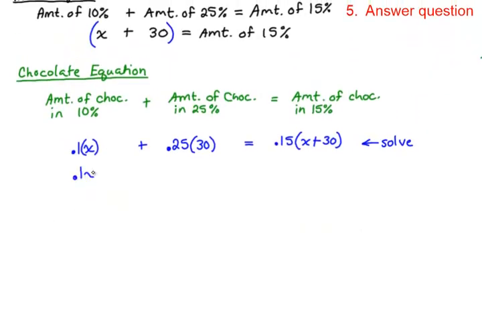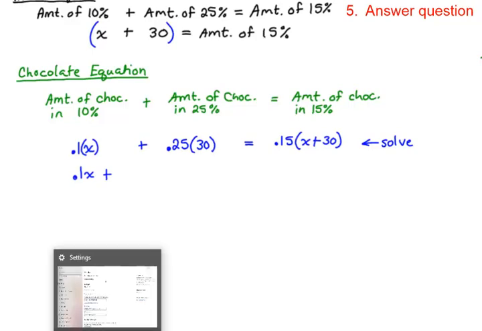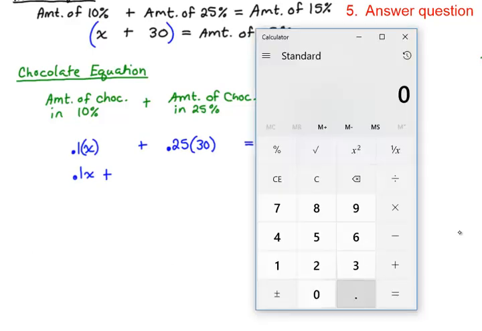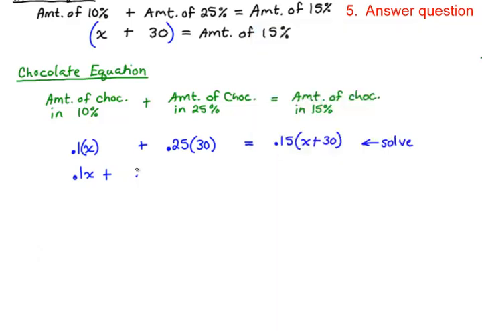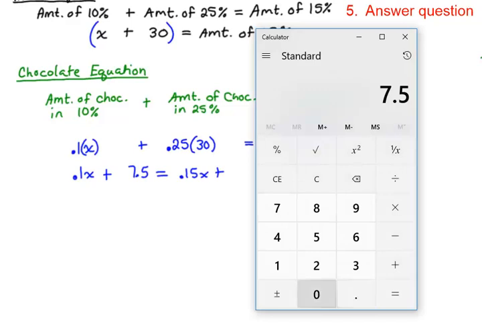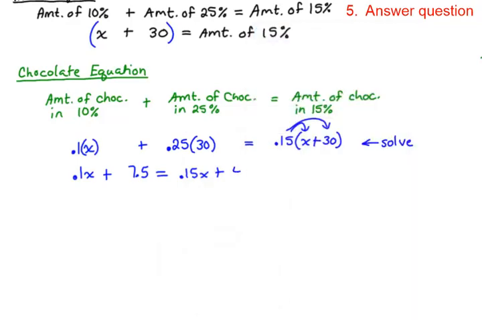So we have 0.1x, all right, and 0.25 times 30, we get 7.5, is equal to, we're going to use the distributive property here, 0.15x plus, now we want 0.15 times 30, 4.5. Okay, I'm going to subtract 0.1x.